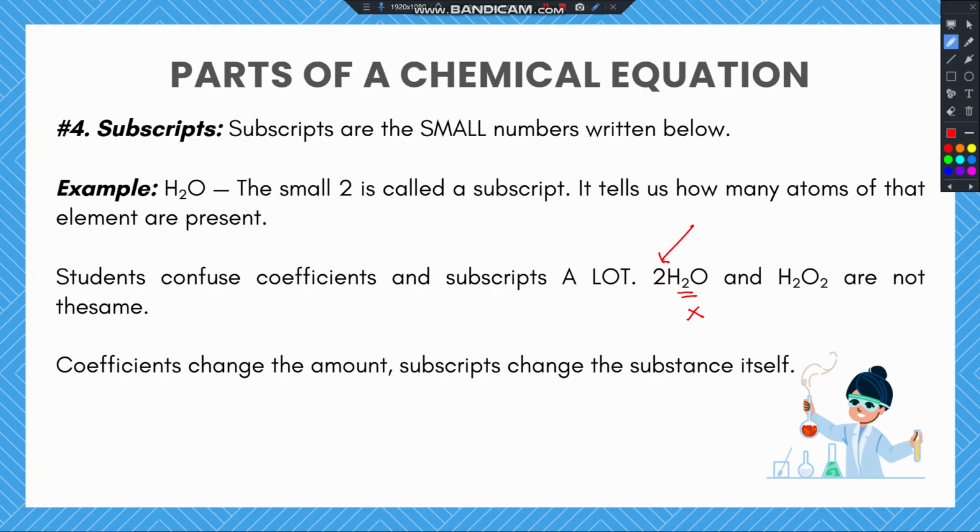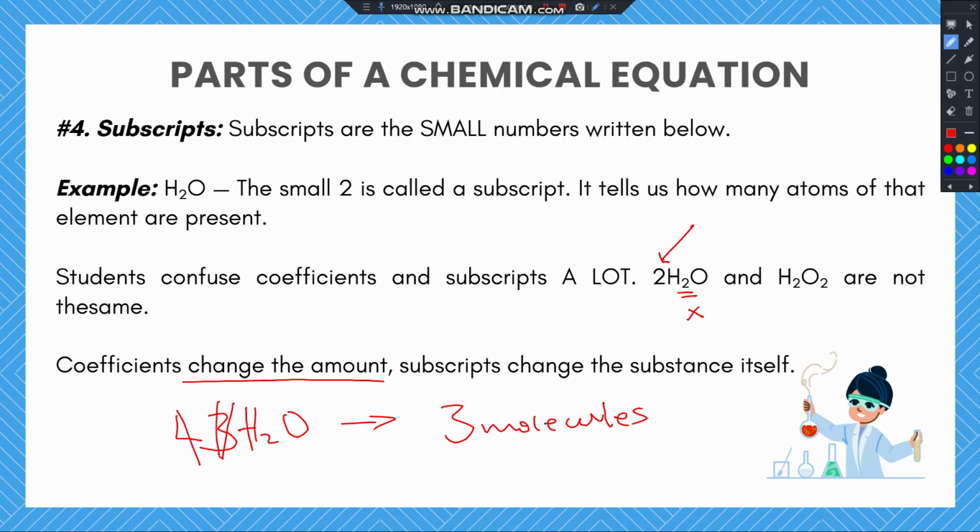So coefficients change the amount of the substance that is present. Subscripts change the substance itself. So here's an example. We have H2O. If I change the coefficient and I say 3H2O, it means I now have 3 molecules of water present. If I want 4 molecules of water, I would simply cancel out this 3 and write a 4 instead.